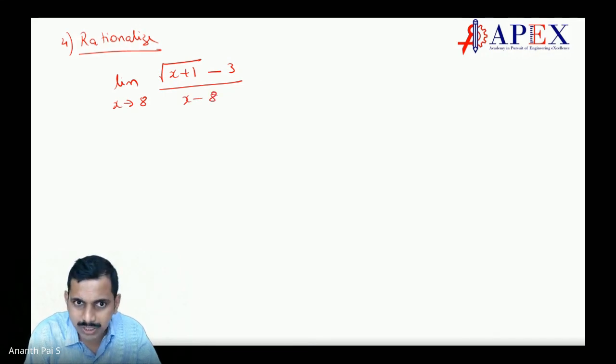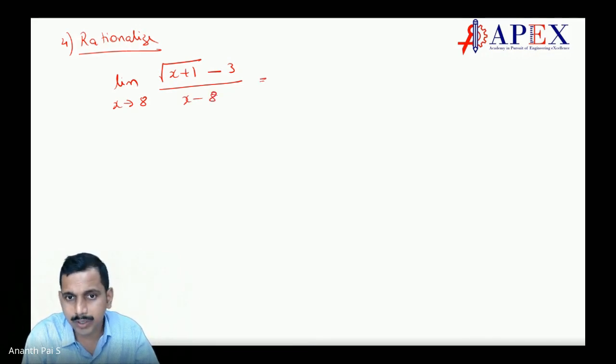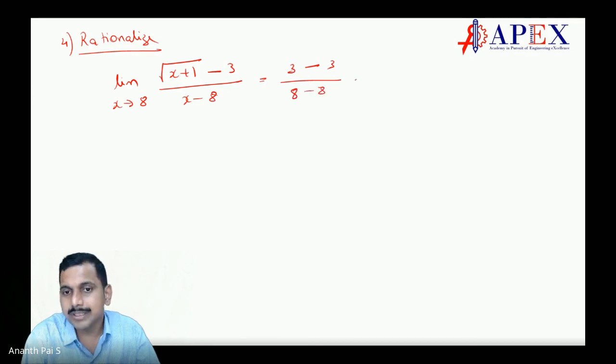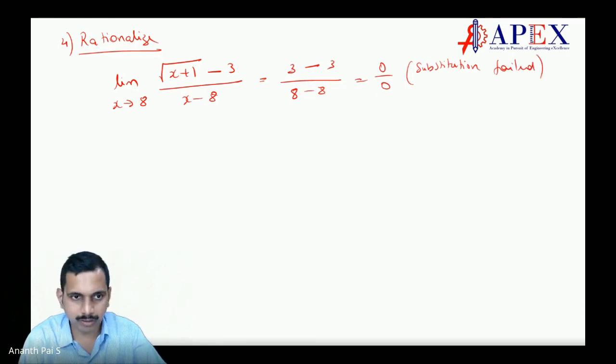Now when you apply x equal to 8, you get square root of 9 minus 3, which is 3 minus 3, divided by 8 minus 8. That will come as 0 by 0. Substitution failed.